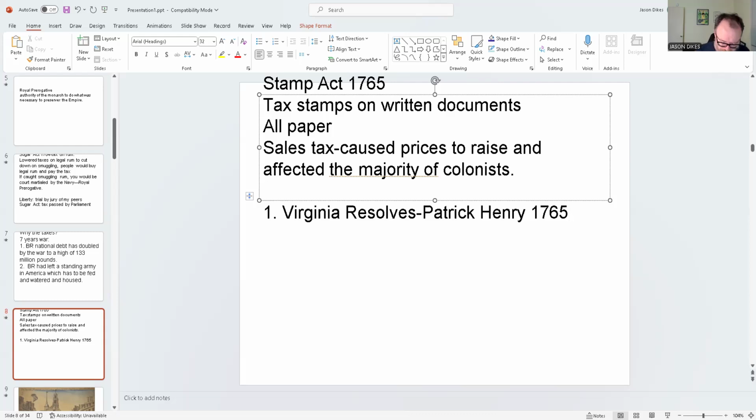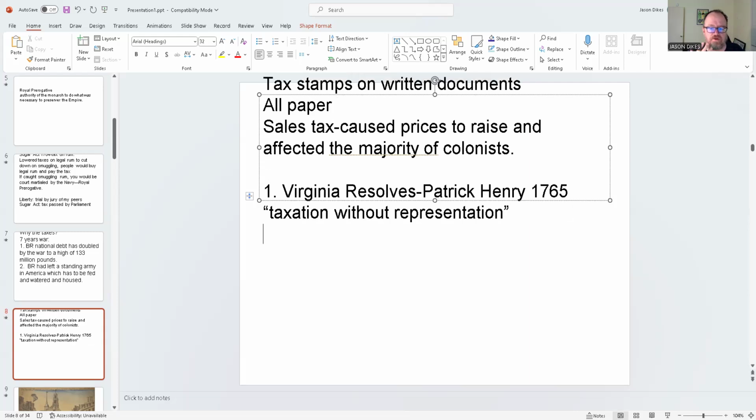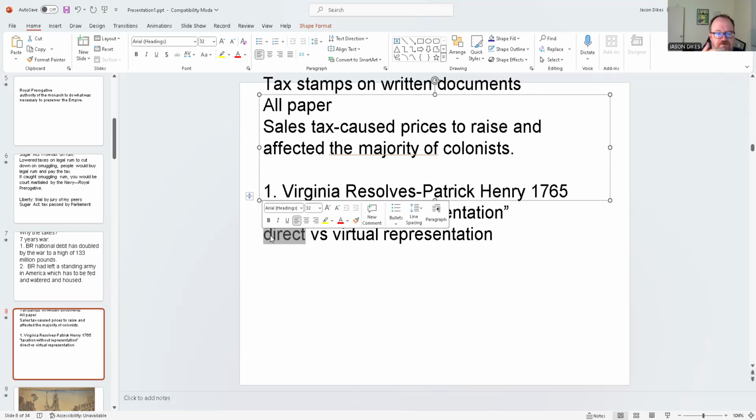This is also where the phrase taxation without representation comes from, because Patrick Henry explains direct versus virtual representation, right? With direct representation, you get to vote.